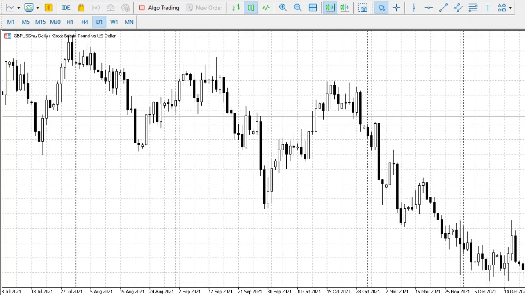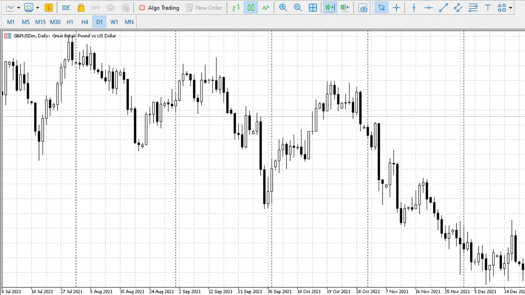But if your account is bigger than that, you can even use 0.02, depending on your analysis. Because what determines your lot size is your stop loss. Your stop loss determines your lot size, and your lot size is determined by your analysis.